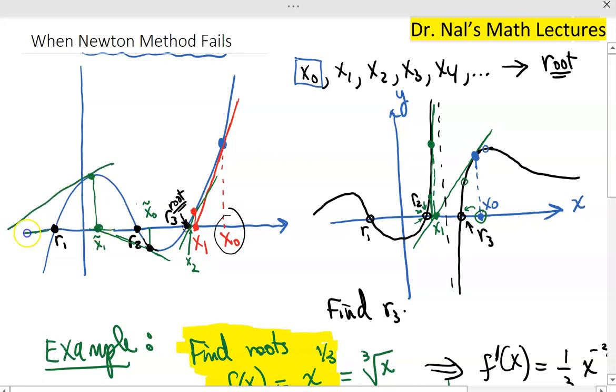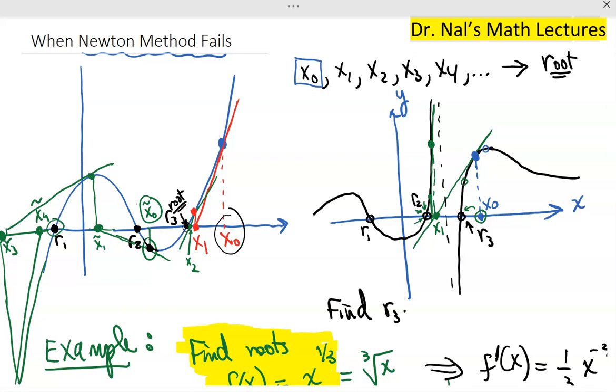You keep drawing the tangent lines, x3 tilde, and then evaluate it at the original function, it's getting steeper. Wow. So even though x0 tilde was somewhere between r2 and r3, we ended up converging to one of the roots, but it wasn't the root that we wanted, right? So you might want to change your initial guess, basically. So the initial guess for x0 is, as a result, important.